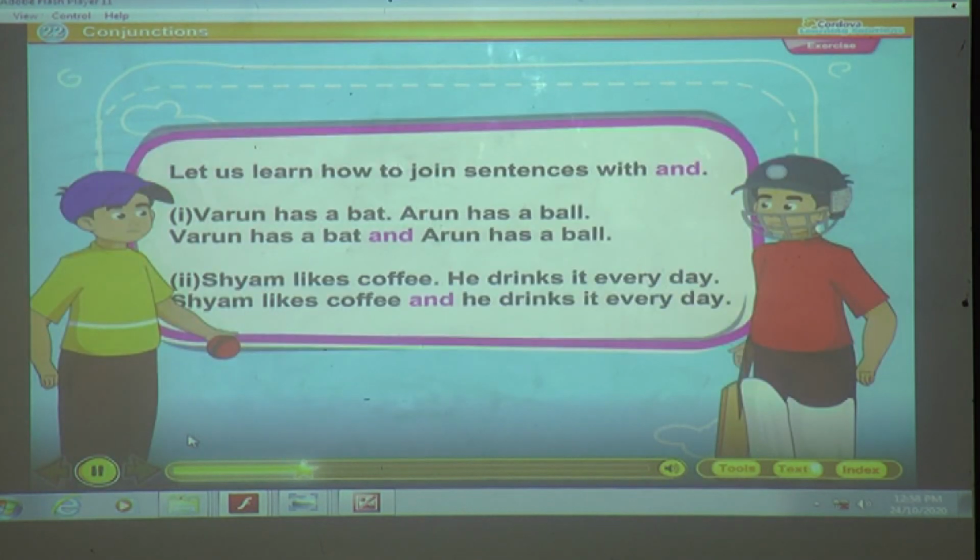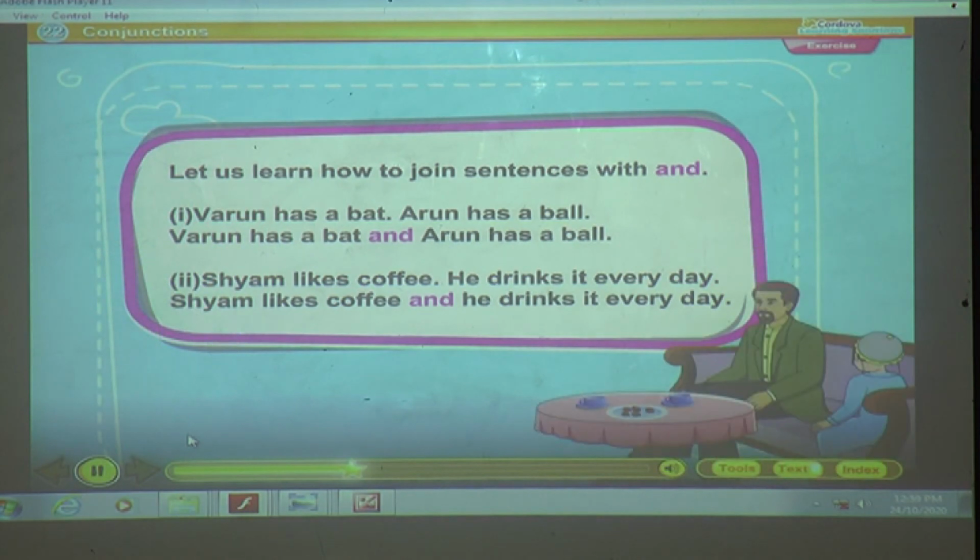Let us learn how to join sentences with and. 1. Varun has a bat. Arun has a ball. Varun has a bat and Arun has a ball. 2. Shyam likes coffee. He drinks it every day. Shyam likes coffee and he drinks it every day.